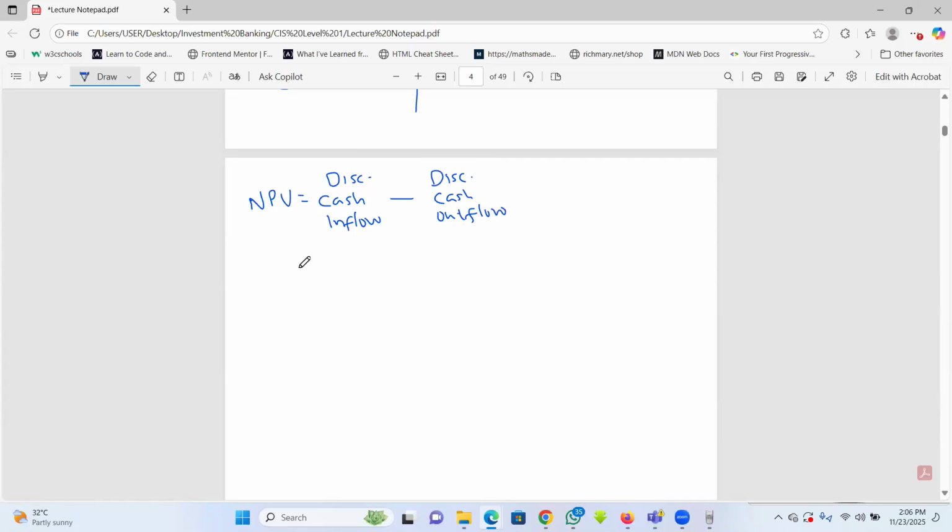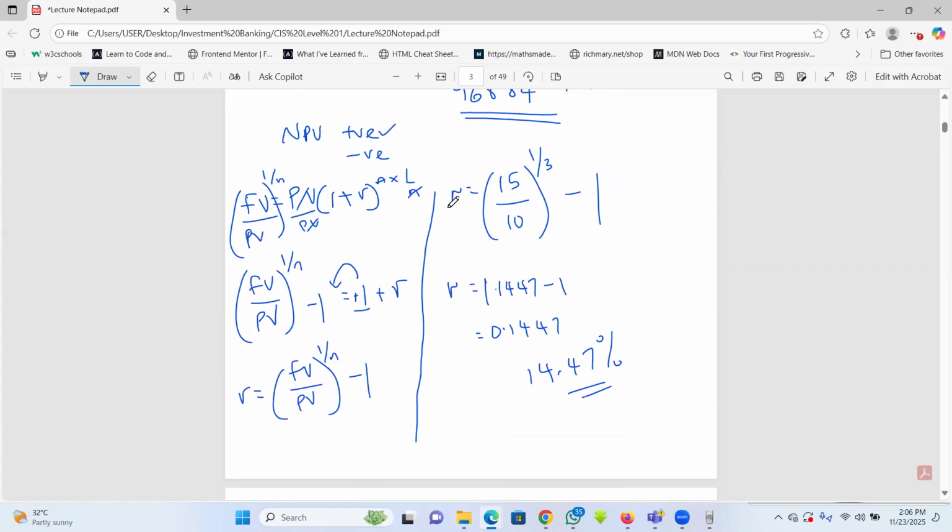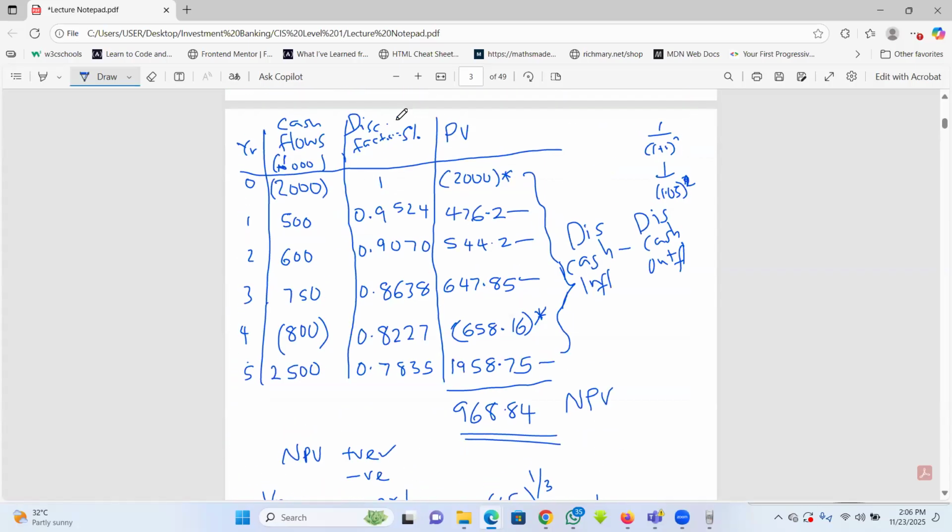Having said that, also bear in mind that the IRR is that rate of return that we will use to discount this cash flow that will make our NPV equal to 0. Remember that for you to discount a cash inflow, you need to use a rate of return, like we used 5% here.